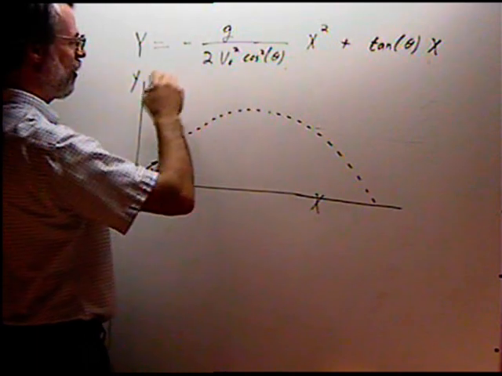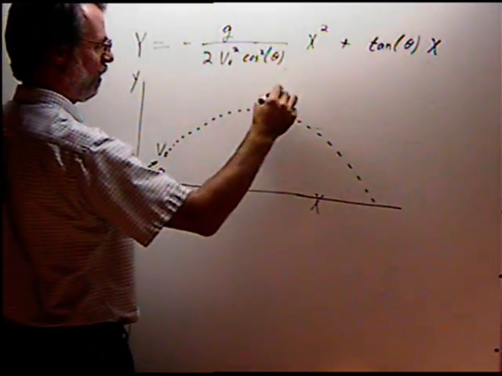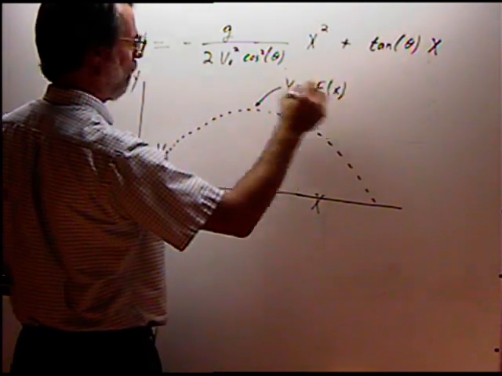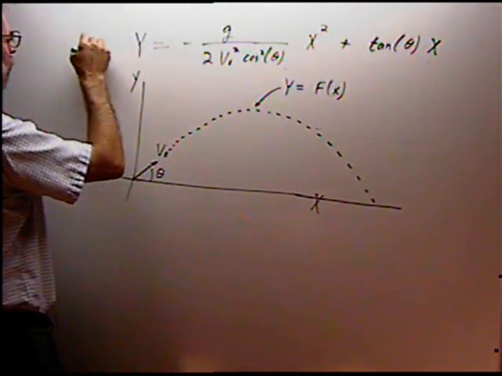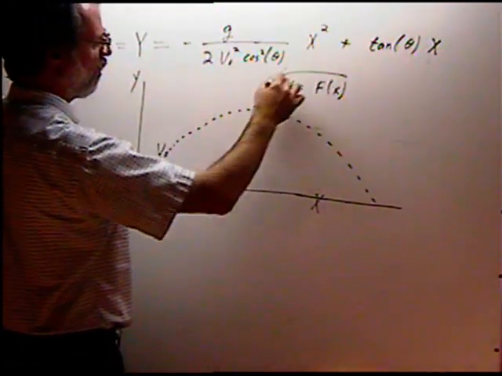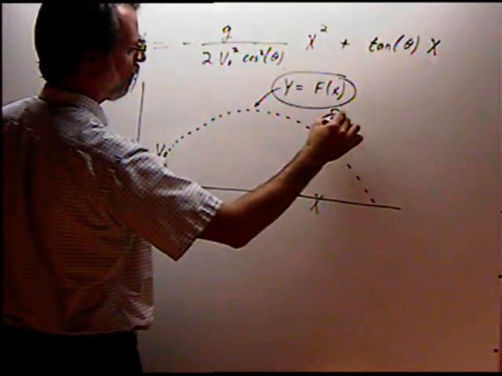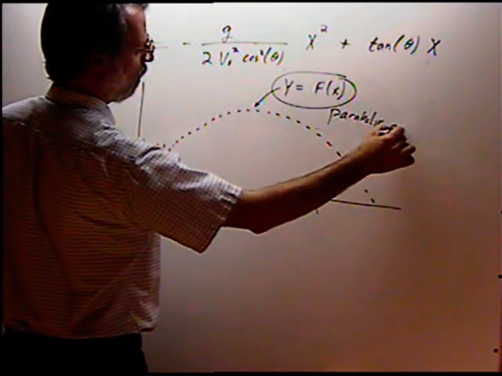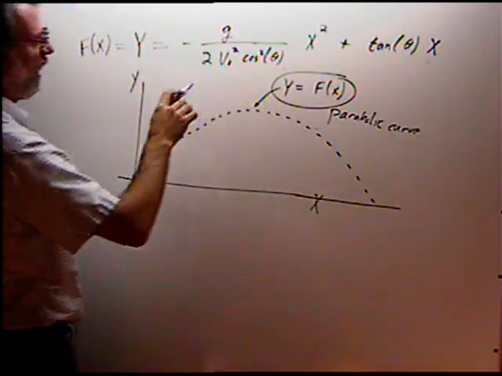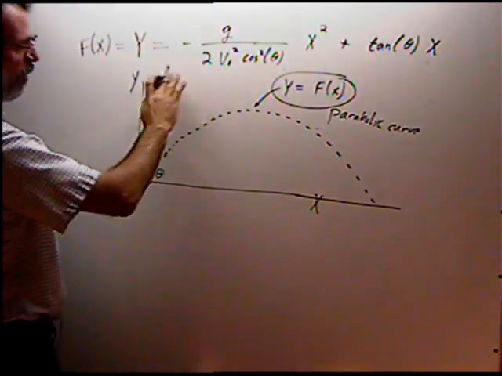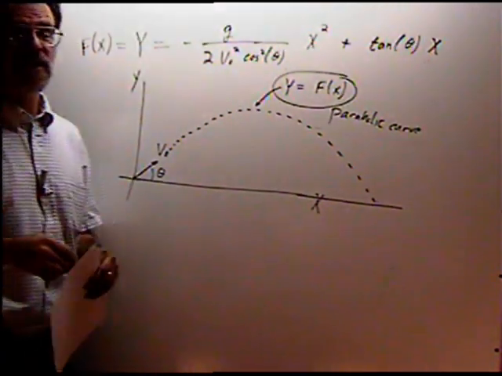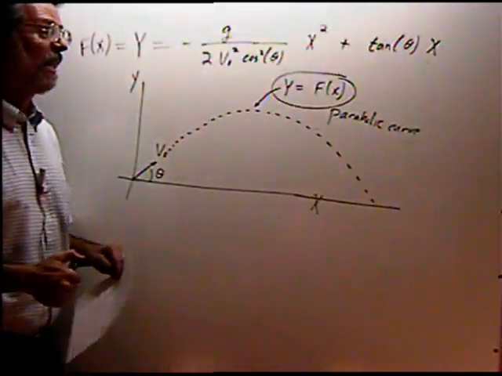The actual shape of this curve is y equals f of x. This curve is a parabolic curve, and the equation of this curve is given right here. Now I've derived it, and I want you to derive it for part A.